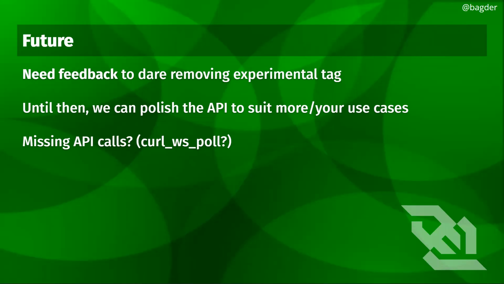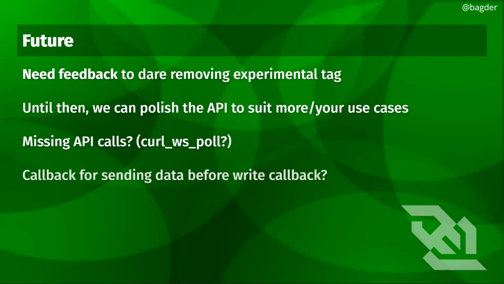I decided to hold off because I need feedback here. I didn't want to guess too much. So far, we haven't had the need for it, but I'm very keen on learning from people with actual use cases how things work.